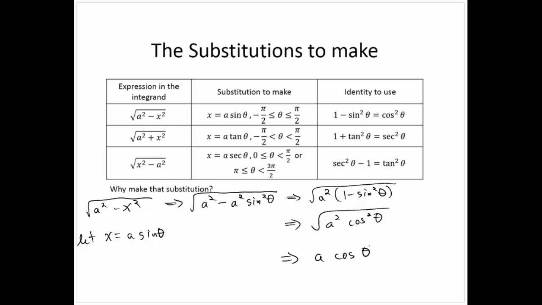Now, we really should be more careful. We should say, well, shouldn't there be absolute values about that? When you take the square root of a square, we really should have absolute values. But since we've made the substitution, negative pi over 2 is less than or equal to theta is less than or equal to pi over 2, remember that on negative pi over 2 to pi over 2, cosine theta is greater than 0.